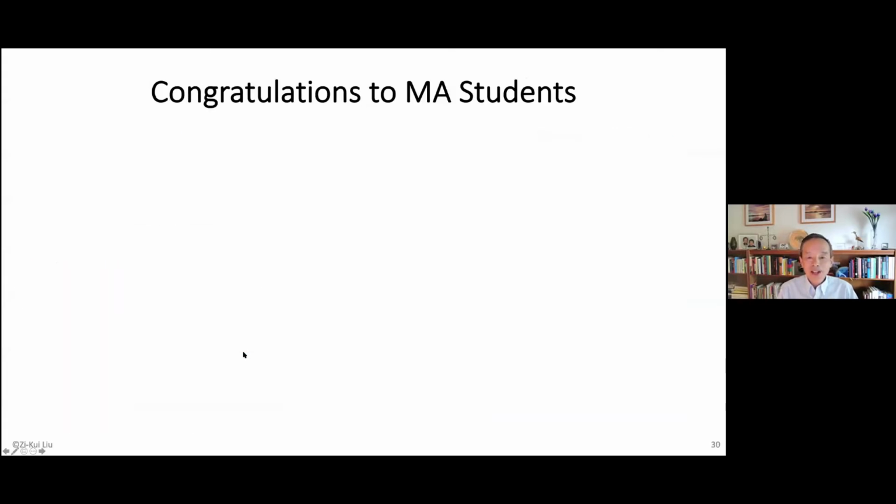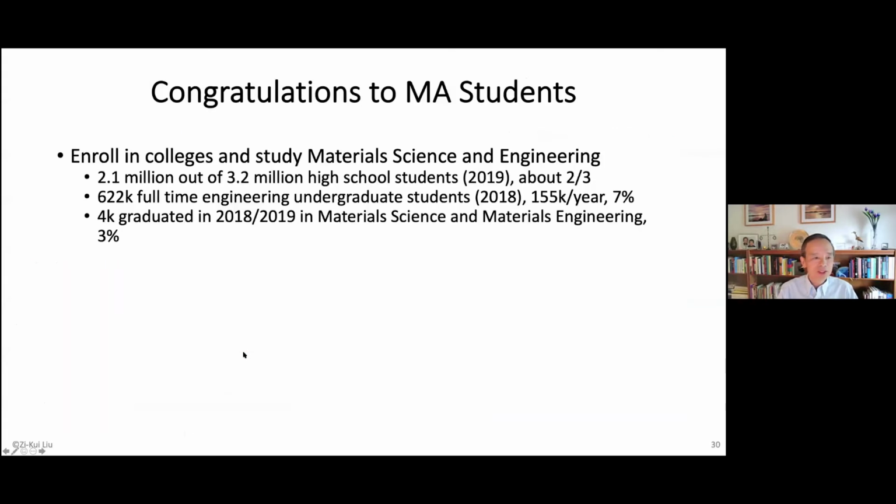I want to congratulate all the MS students. Consider these numbers in the United States: there are 2.1 million high school students every year, and about half of them go to college.